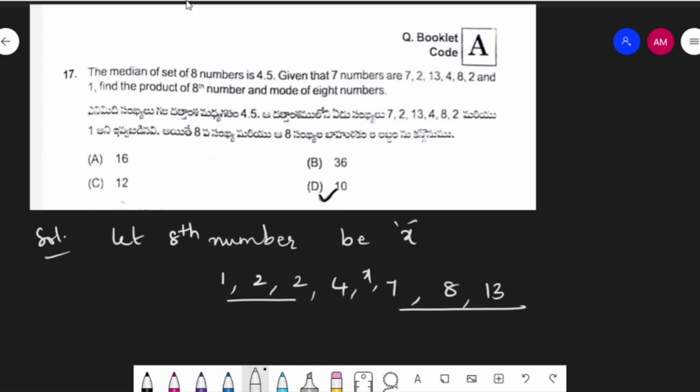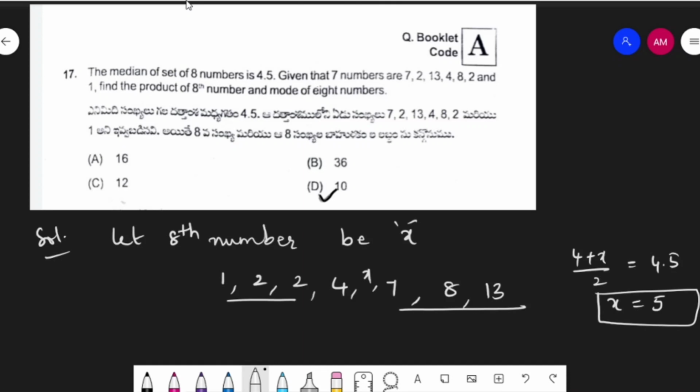What are the middle numbers? 4 and x. So let us take the average of these two in order to get the median. So 4 plus x by 2 is equal to 4.5. X is equal to 9 minus 4, which is 5. So we got x is equal to 5.